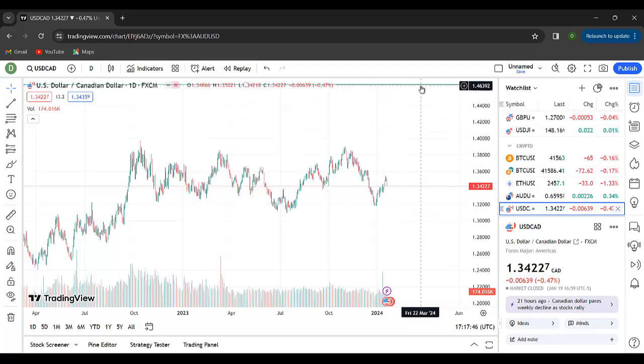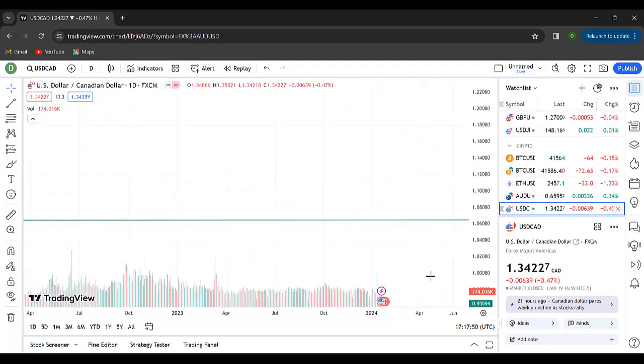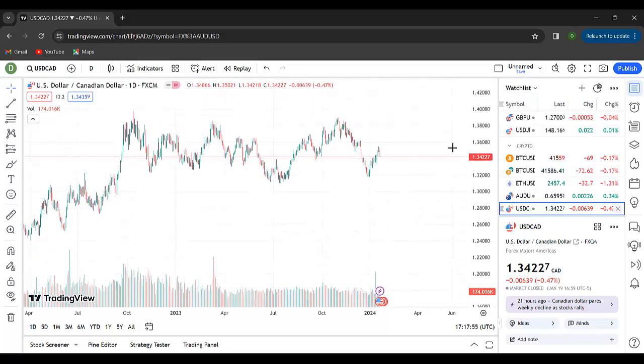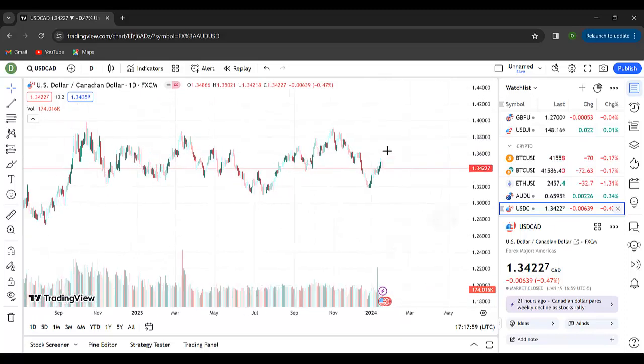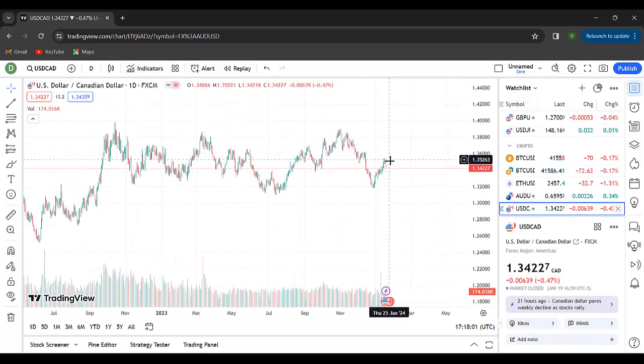Then we'll be looking out for sales down to this zone. Okay, so now I think almost immediately, one would be looking out for sales right down here or here.